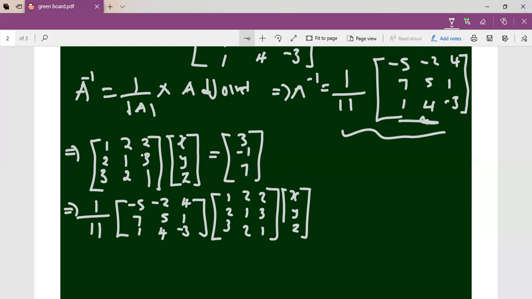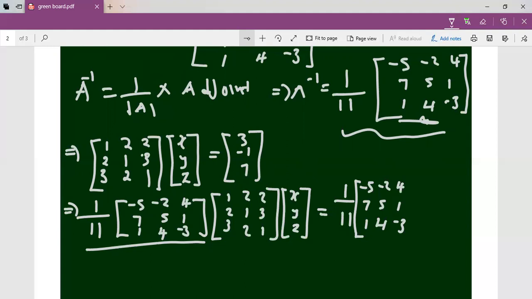All right. This is equal to, again, this inverse will be introduced on the right-hand side. So I've got 1 over 11, negative 5, 7, 1, negative 2, 5, 4, 4, 1, negative 3. Then there is also 3, negative 1, 7.